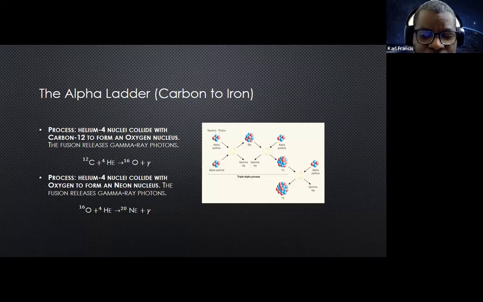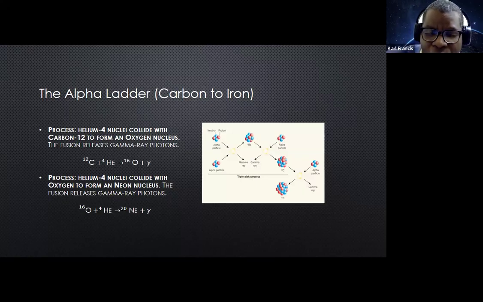So the oxygen gets fused with the helium, and we end up getting neon. And then the neon fused with the helium, we end up getting silicon. Then the silicon, and it keeps going like that. And with each fusion, we're getting energy out of the system, not as much as we got before, so we still have this contraction of the core. But we're getting some energy out of the system.